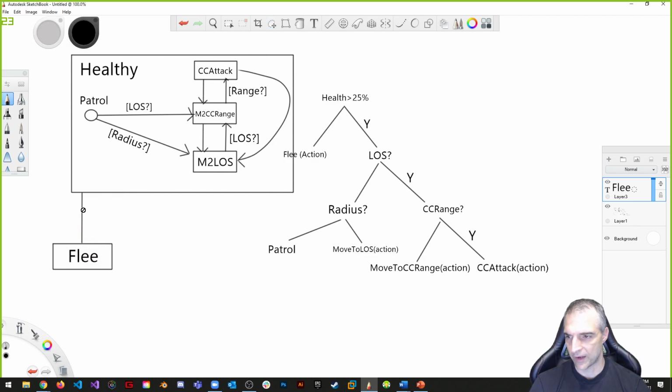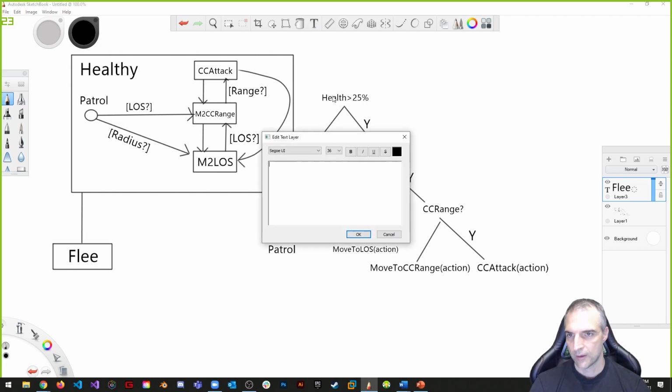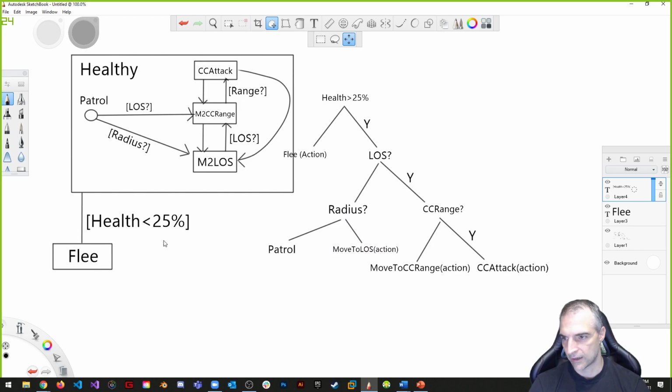The only way I'm going to get down to flee is if my health is less than 25%. That's the thing that's going to trigger me to move out of this state into here. If my health is less than 25%, it gets me into flee state, and I'll never go back. There's only one line to get me there, because that's the way we've configured it.